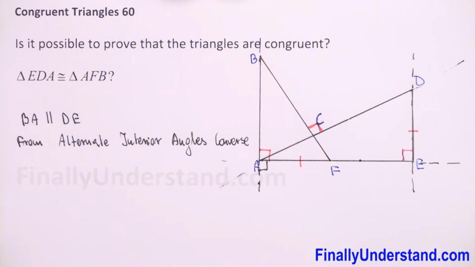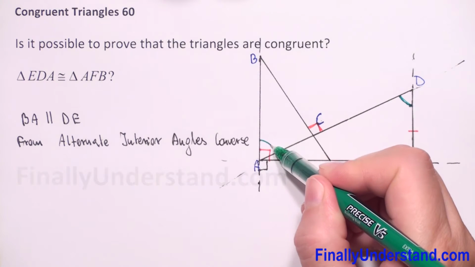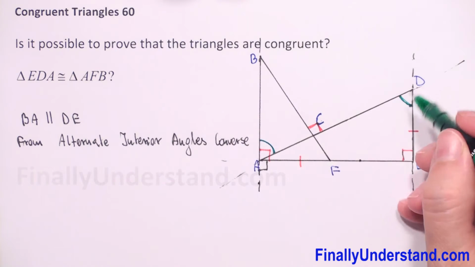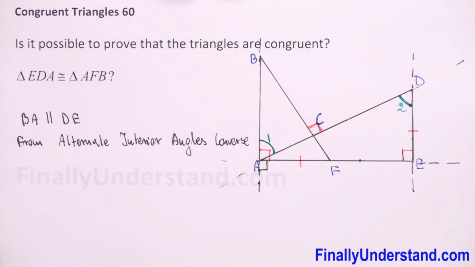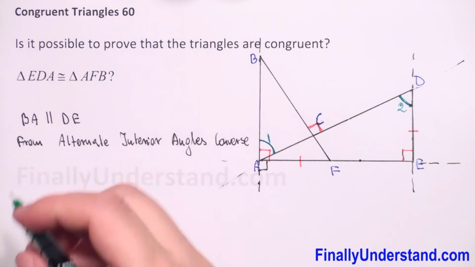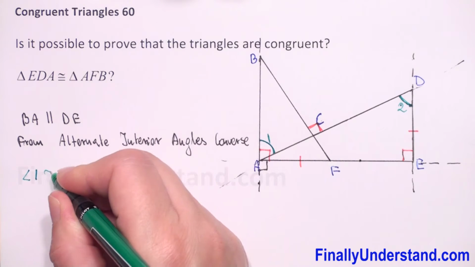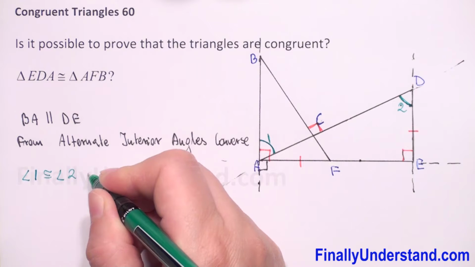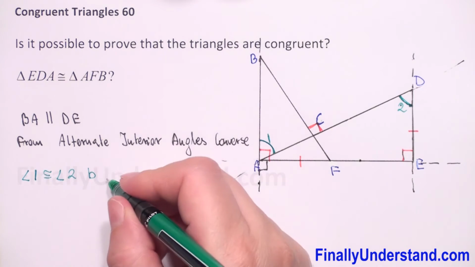So now from alternate interior angles theorem we have that this angle is congruent to that angle. Let me put that this is 1 and this is 2, and we have that angle 1 is congruent to angle 2 by alternate interior angles theorem.